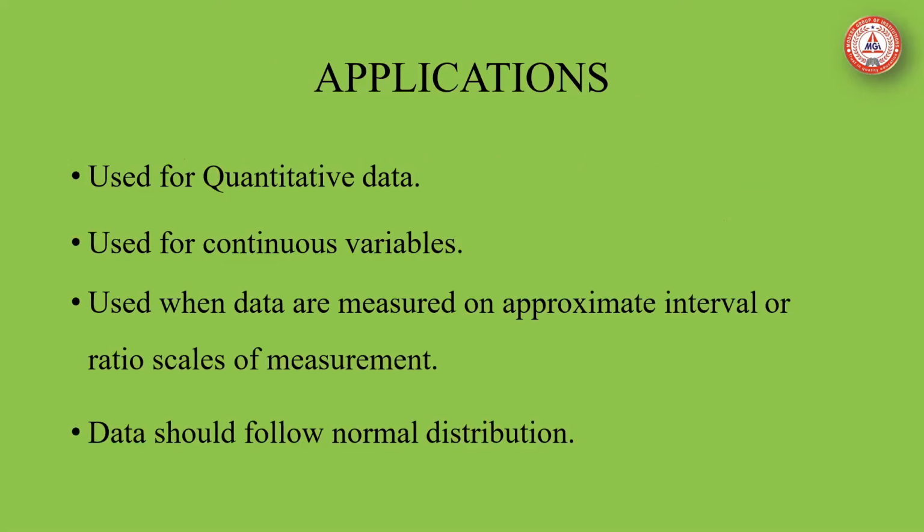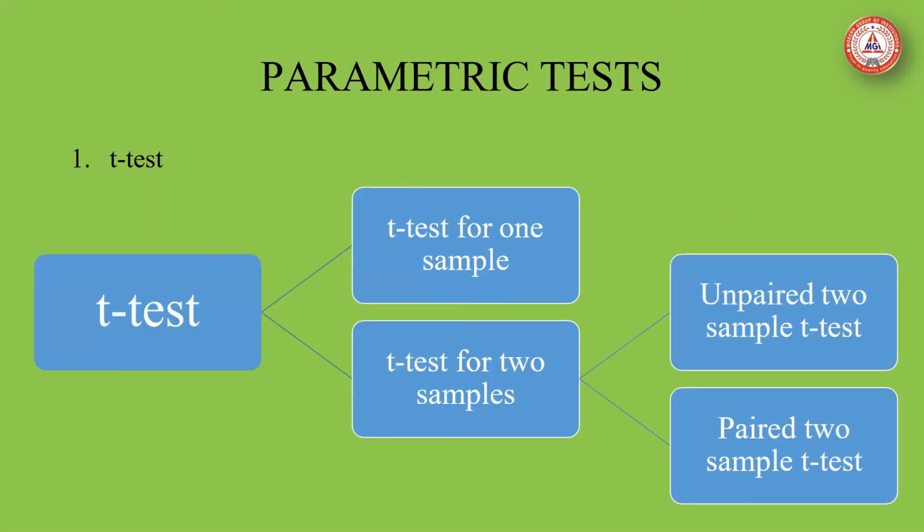What is the application of parametric test? It is used for quantitative data. It is used for continuous variables, used when the data are measured on an approximate interval or ratio scale of measurement. Data should follow normal distribution.